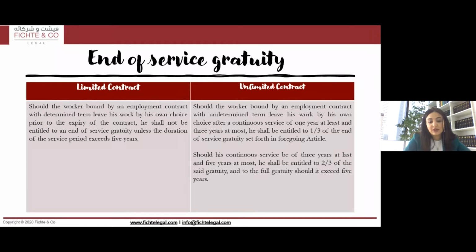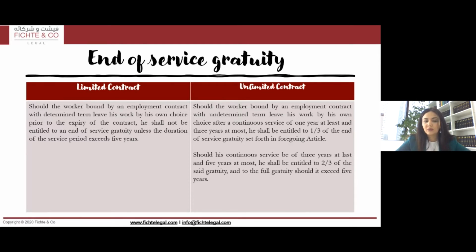If the employer worked in that particular company from 1 to 3 years, 1/3 of the end of service gratuity can be calculated for the employer, and should the employer have continuous work of 3 to 5 years, 2/3 is entitled, and after 5 years the full service gratuity can be given to the employee.